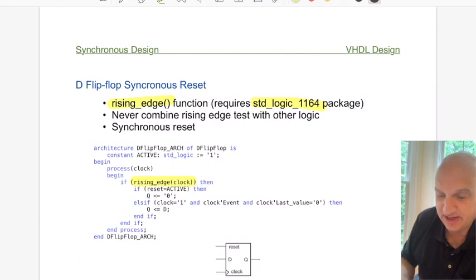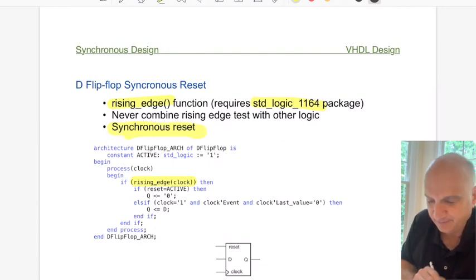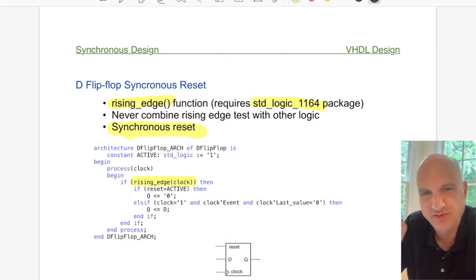Now, this is a synchronous reset, which means that it only resets on the clock edge. Later on in the course, we'll talk about when to use synchronous and when to use asynchronous, how to choose, and which one has advantages and disadvantages.